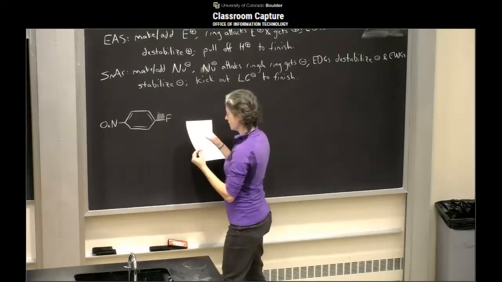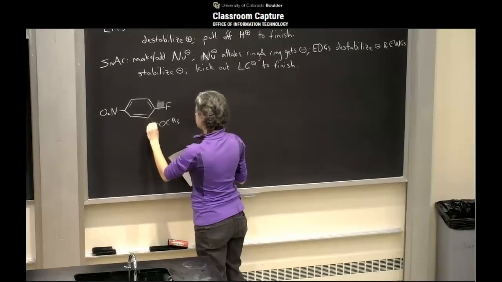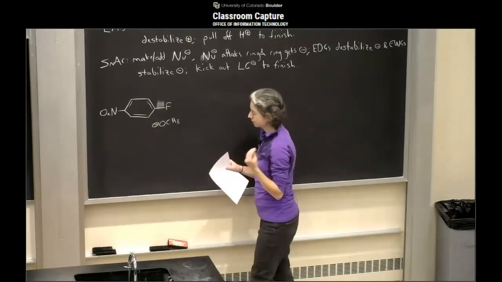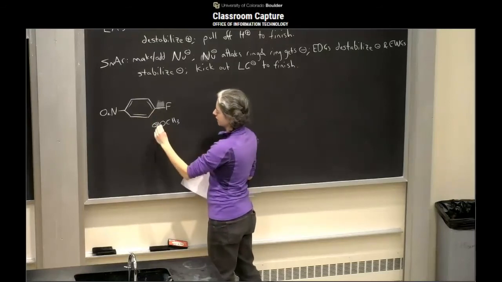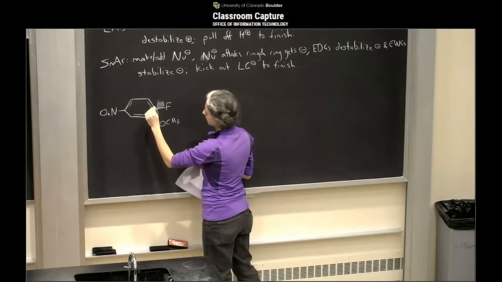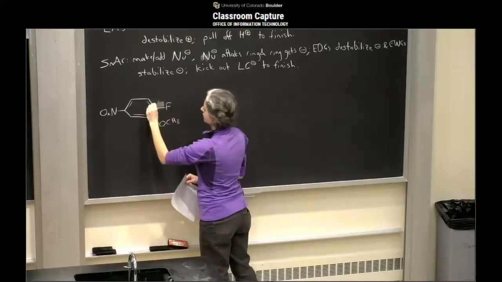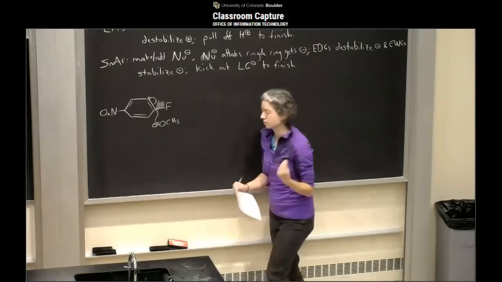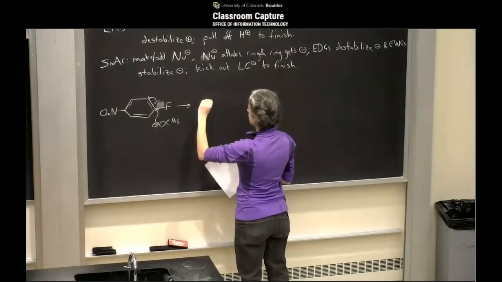I'm going to use methoxide as my nucleophile. So rather than having the ring go and attack something like I did during EAS, I'm going to have this go and attack onto here. Now this carbon of the ring has too many electrons to obey the octet rule, so it's going to have one of its pi bonds break onto there.